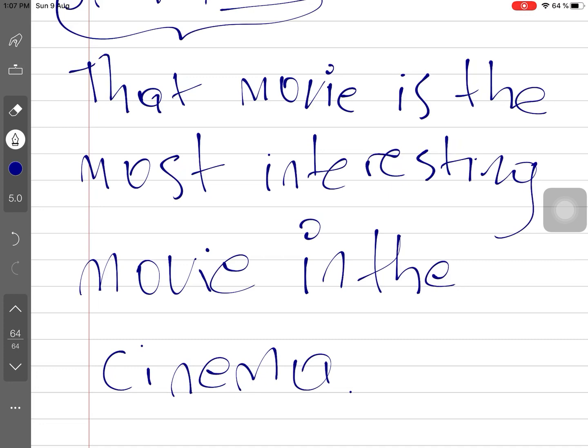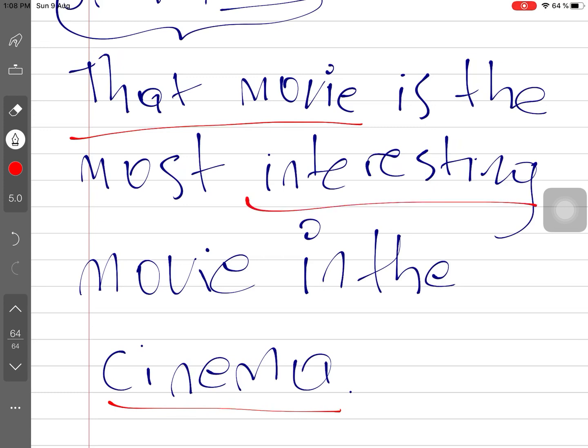Good. So we have not only two objects, we have one big group. What is our big group? Here, the cinema, because in the cinema you have a lot of movies to watch. Yes, perfect. For example, we have one specific movie and that adjective, interesting, but among all the group of movies, we can say that movie is the most interesting.